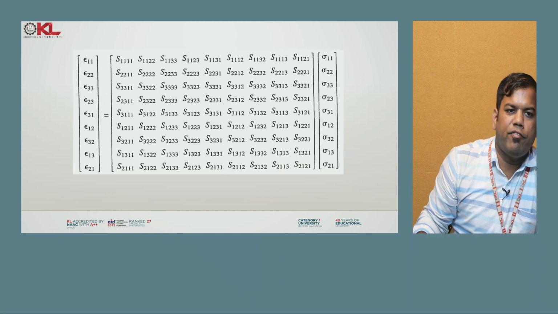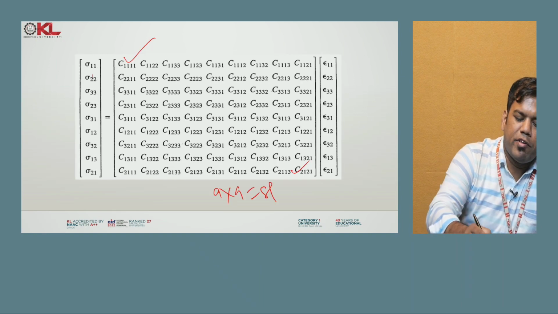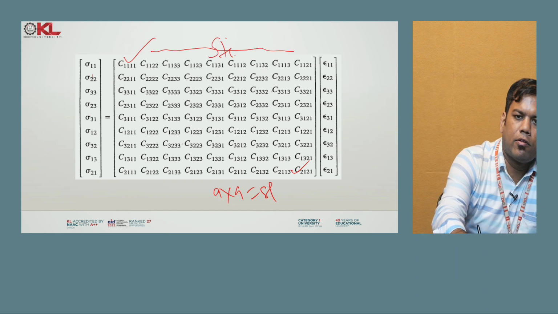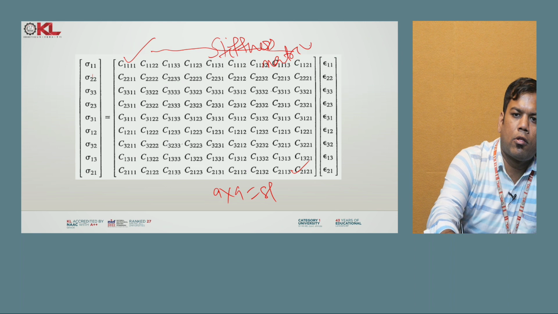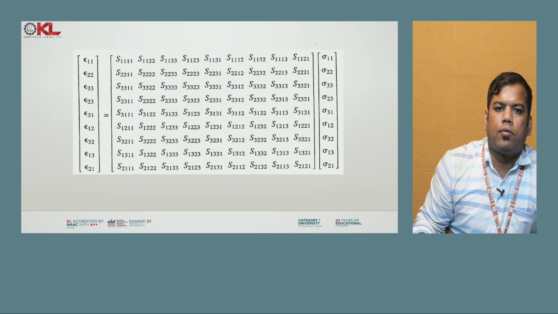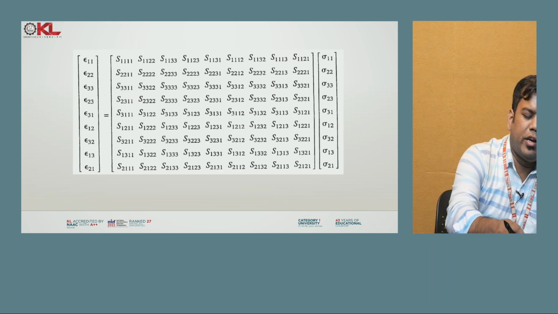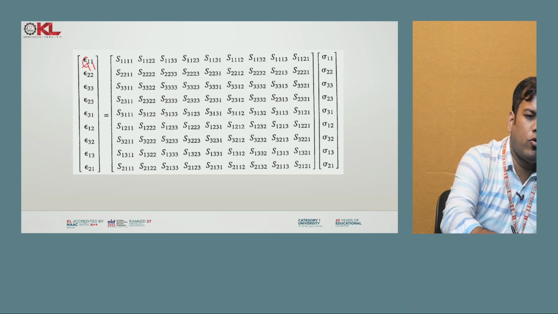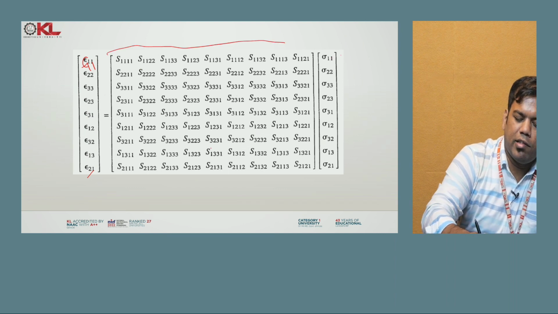Now this is called the stiffness matrix. Similarly, if we take the opposite, the strain matrix epsilon 1, epsilon 2 will be equal to the S matrix into the sigma matrix. This S matrix is the compliance matrix.